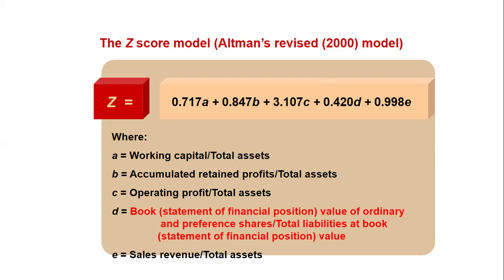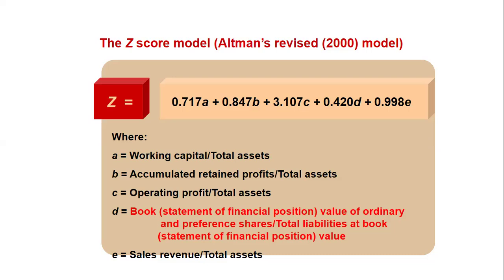You would be assigned companies that are listed, not just on the Ghana Stock Exchange, but in Africa, where you would need to download their financial statement for a number of years and then compute their Z-scores.